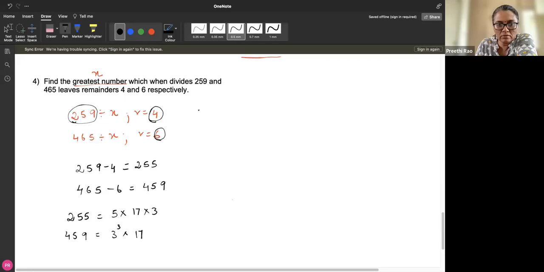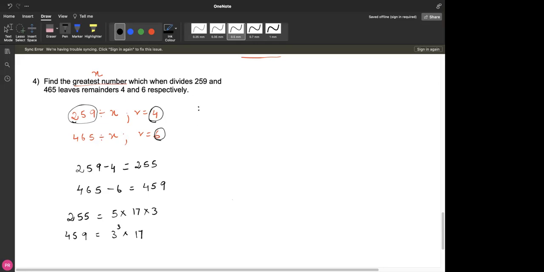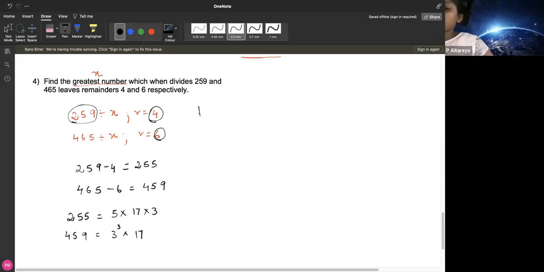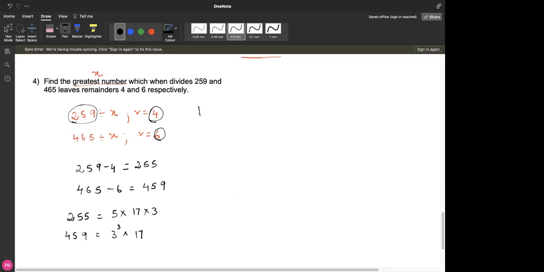But what is the HCF? 17 into 3, because there are 3 number of 3's in 459. So 17 and 17 add up to 17 and 3 and 3 add up to 1.